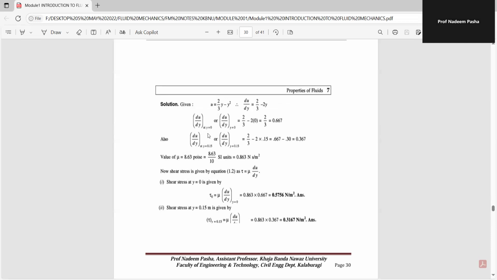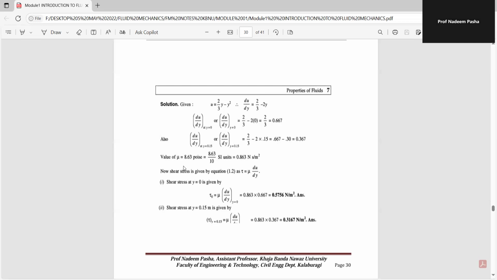That is du/dy at y equal to 0: 2/3 minus 2y, we are substituting y as 0, so it comes out to be 2/3 or 0.667. In the second case, we need to calculate du/dy at y equal to 0.15 meter: 2/3 minus 2 into 0.15, so it comes out to be 0.367.